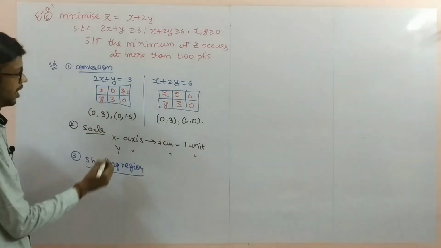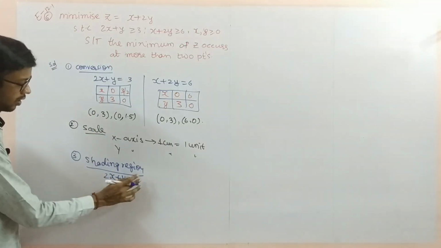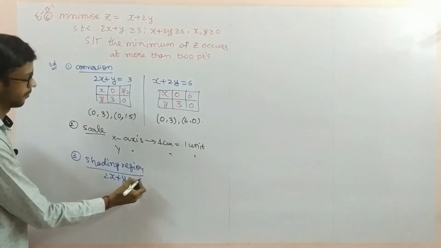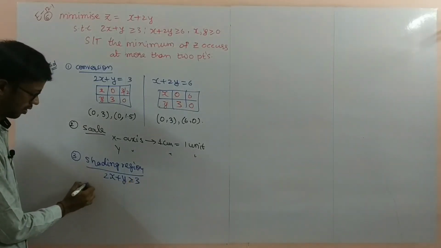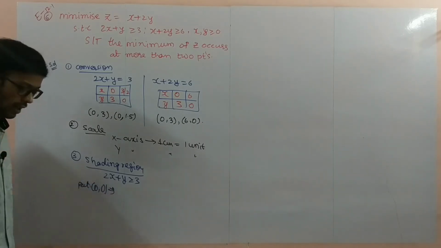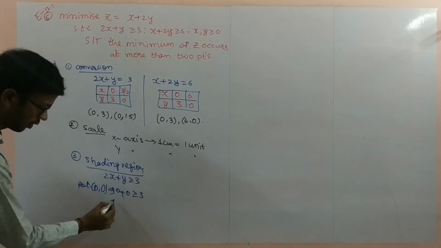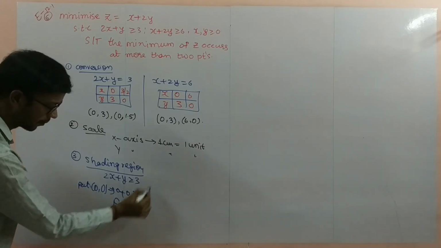In equation 1, 2x plus y is greater than or equal to 3. Put the point (0, 0): 0 plus 0 is greater than or equal to 3, a false statement.